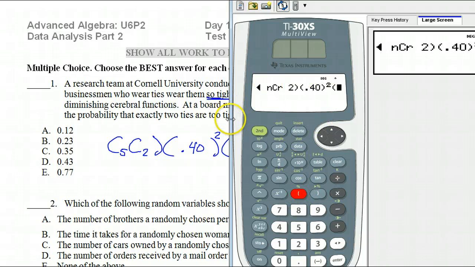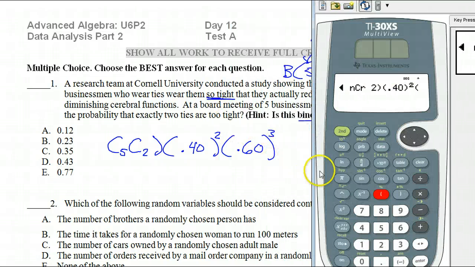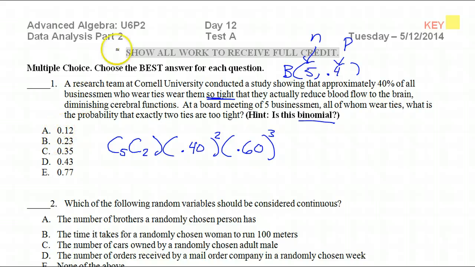Second parentheses is 0.6 or 0.60, either way it's the same thing, raised to a power of 3. Kabam! I'm getting 0.34, or rounded up would be 0.35. So your answer is, in fact, C.